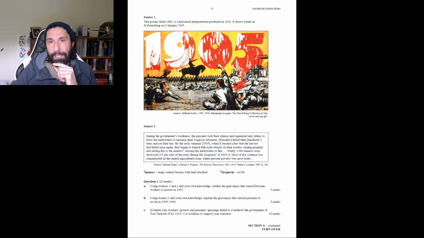And when you are looking at a feature, there's so much in images that you can write about. You try to identify the key feature, okay? And that just jumps out, doesn't it? 1905, bloody, so the massacre, and then the protesters, and then you could maybe link that into the bodies down here, one or the other, and then you've got the police.